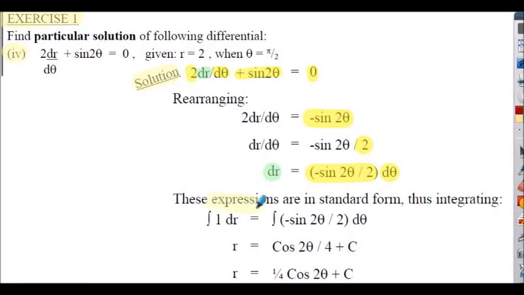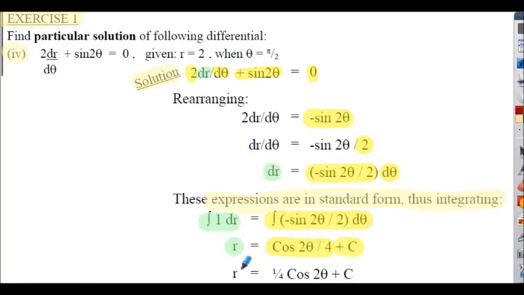So noting these expressions are in standard form and integrating. On the left hand side we integrate 1 with respect to r, becomes r. On the right hand side we integrate the negative sine 2 theta divided by 2 with respect to theta, and that becomes positive cos 2 theta divided by 4 plus the constant of integration c.